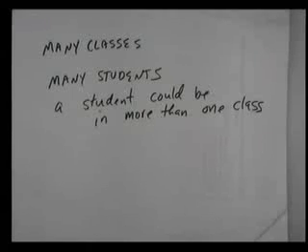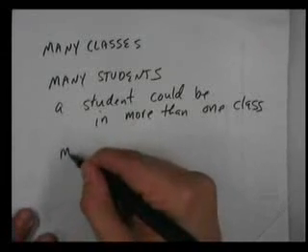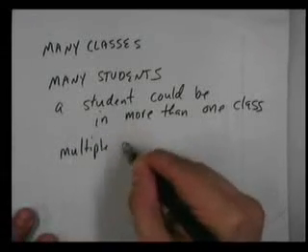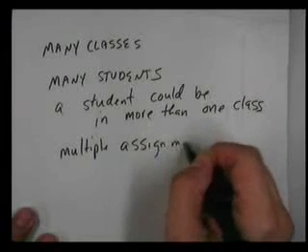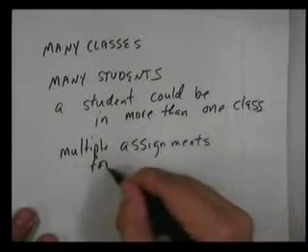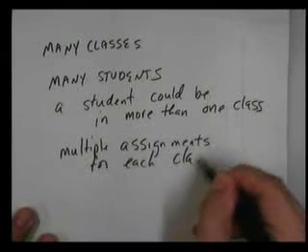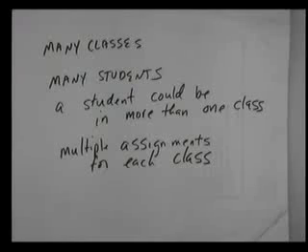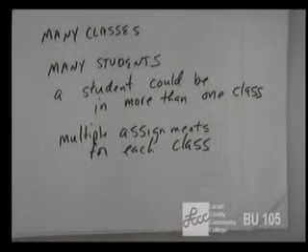In each of my classes, I have multiple assignments. Each assignment, though, is only for one class. I don't give the biology class the same assignments I give the chemistry class. I don't ever do that, and I know I will never do that. I might give them similar, but I never give them the same. So an assignment really is only for one class.